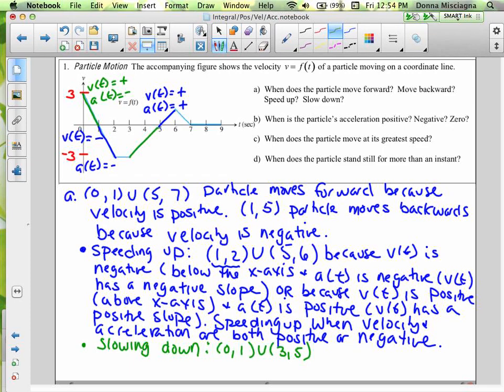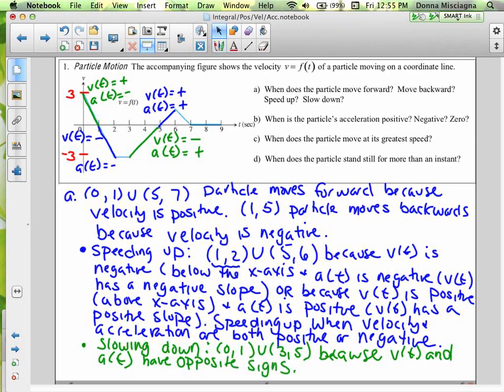So make sure you put that next to this graph if you still have space. And then here, notice that v of t is negative. We're below the x-axis, but a of t, our velocity curve, has a positive slope. So a of t, our acceleration, is positive. So we're slowing down because, and I'm just going to note the differences in sign, v of t and a of t have opposite signs at these times.